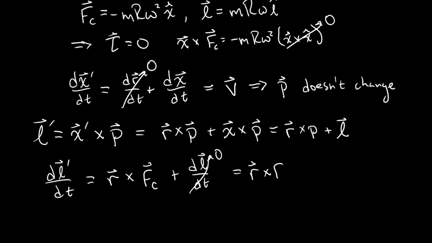But the centripetal force doesn't necessarily act in the same direction as this constant vector r. So it looks like in this new coordinate frame, L prime is not conserved. And it doesn't just look that way, that's how it is.